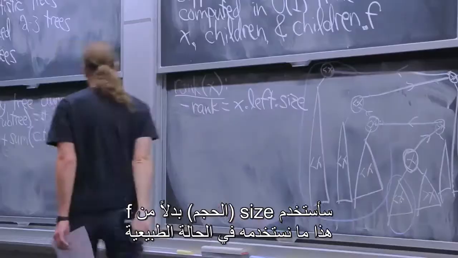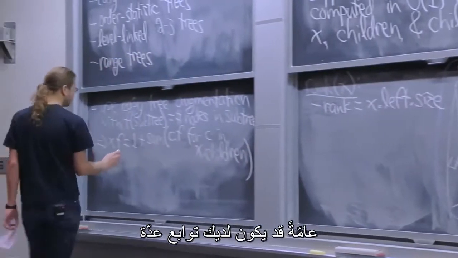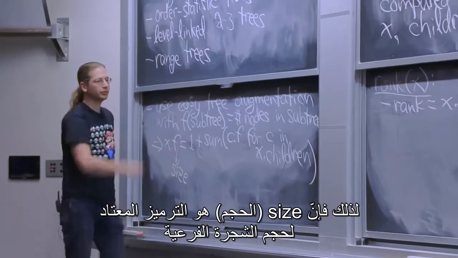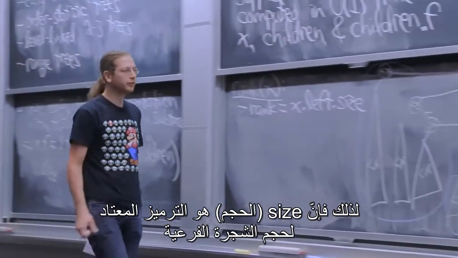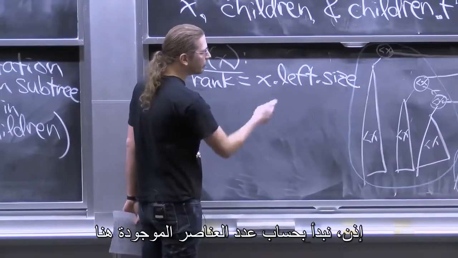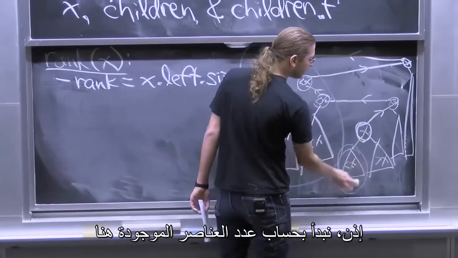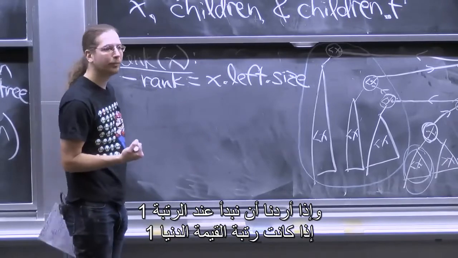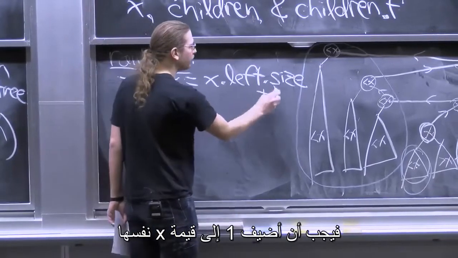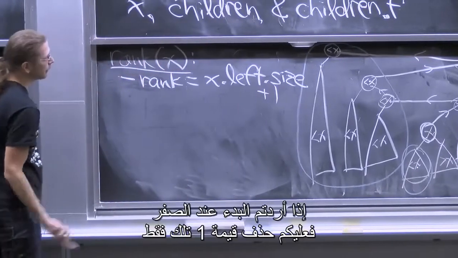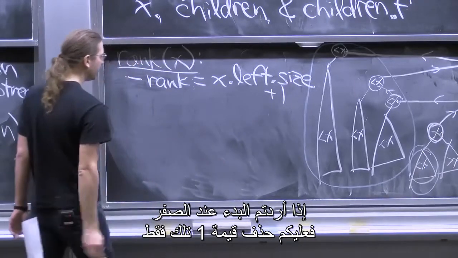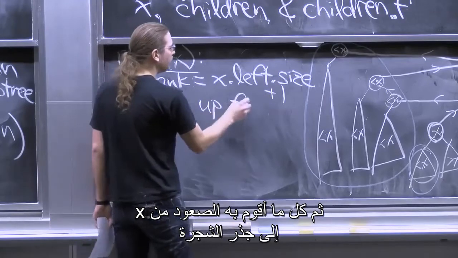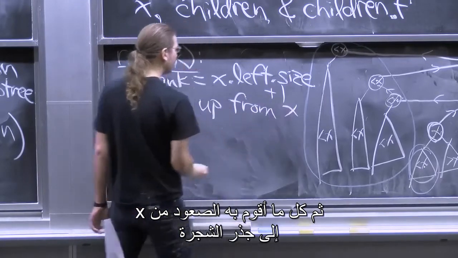That's a little more natural. In general, you might have many functions, so size is the usual notation for subtree size. So we start out by counting up how many items are here. And if we want to start at a rank of 1, if the min has rank 1, then I should also do plus 1 for x itself. If you wanted to start at 0, you just omit that plus 1. And then all I do is walk up from x to the root of the tree.